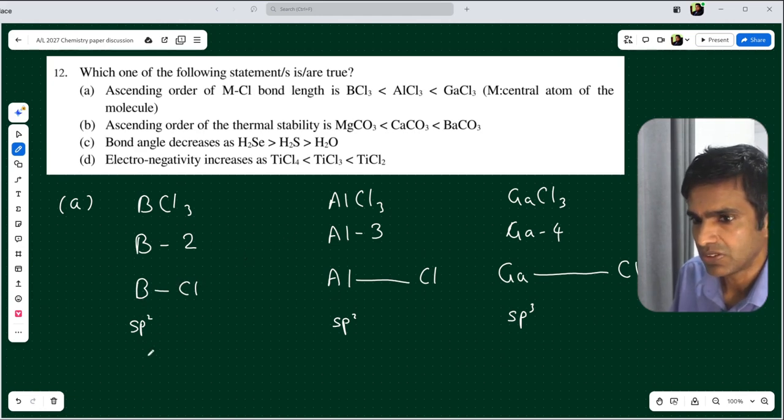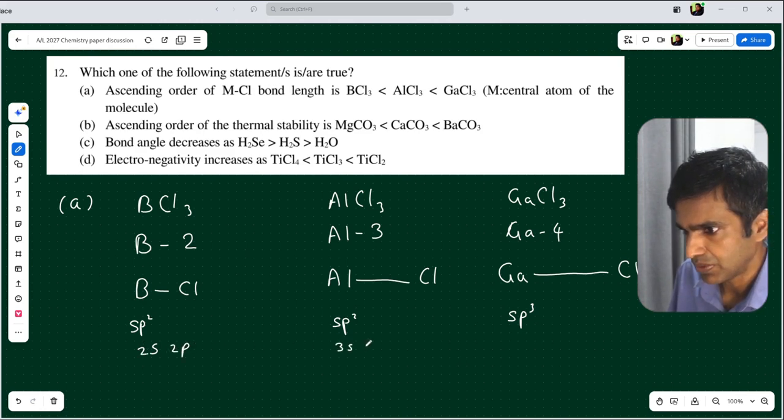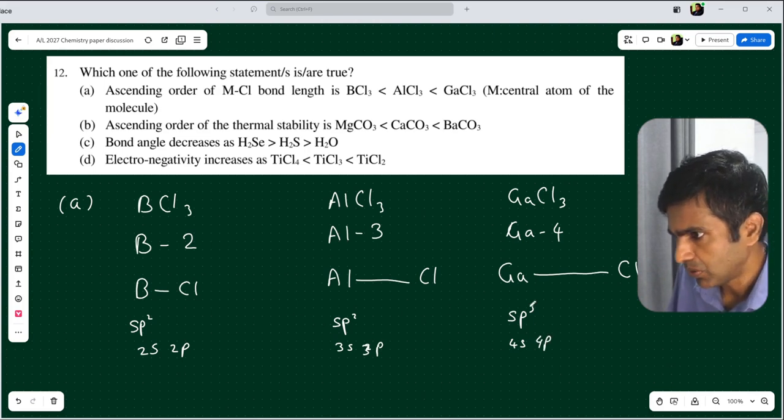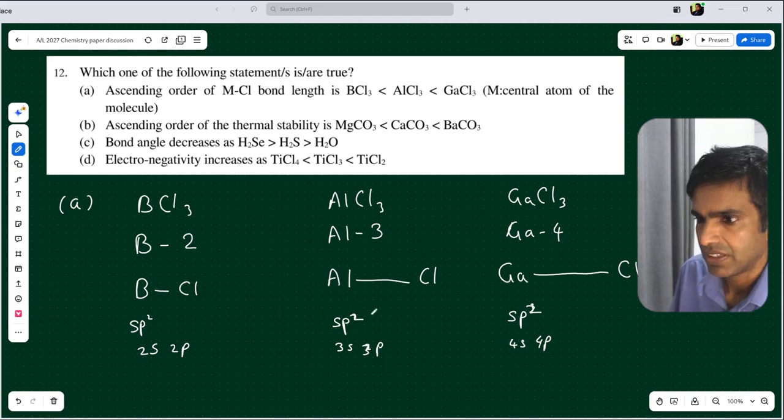So when the size of s orbital and size of p orbitals increases, the size of sp2 hybrid orbital increases. Therefore, it is clear that in the order BCl3, AlCl3, GaCl3, MCl bond length increases.